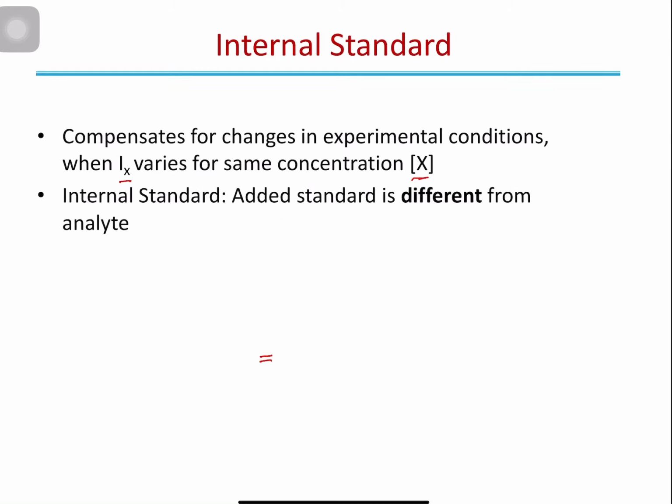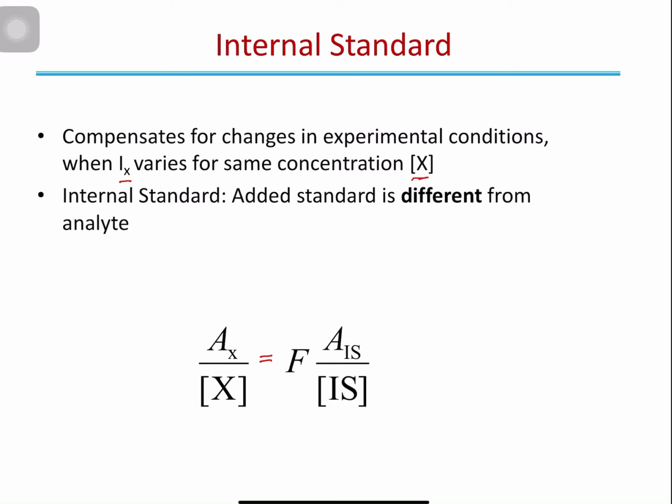The internal standard is an added standard which is different from the analyte. To calculate the response factor, we need two standard solutions, of both the internal standard and of your analyte.